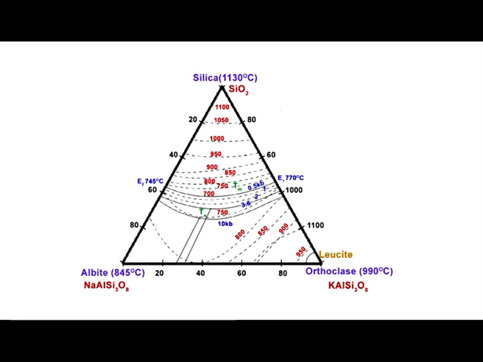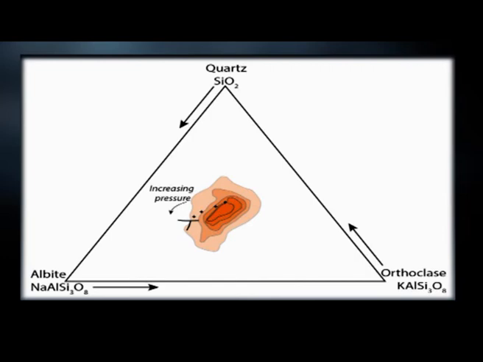The melting experiments on the granitic system clearly show that the dry granite solidus has a positive slope while the wet solidus has a negative slope. This helps us to understand why granites are the most abundant plutonic rocks while basalts and not rhyolites are the most abundant volcanic rocks.